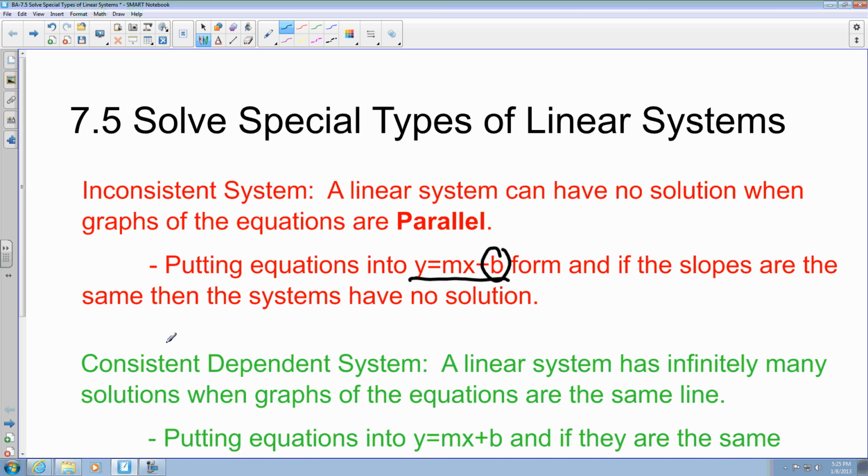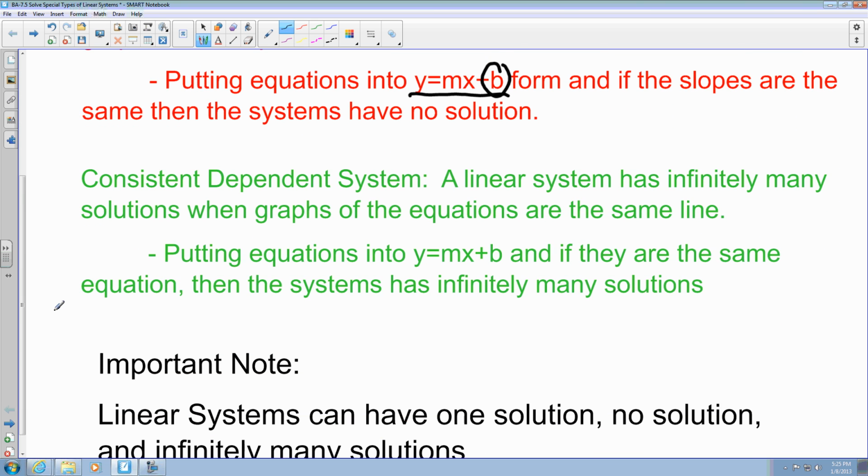Okay? The next type of system would be a consistent dependent system. This is where a linear system has infinitely many solutions. And the reason is, when you graph it, the equations happen to be the same line. You'd see the representation of two equations, but if you graphed it, you would just see one line, which means that you're just having two lines overlapping each other, which means that any x and y value would intersect technically.